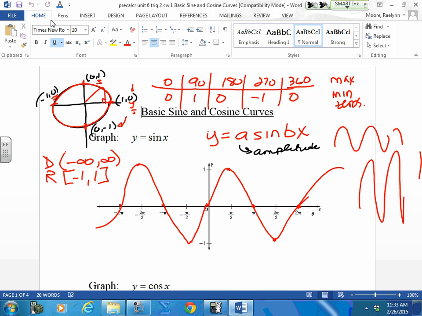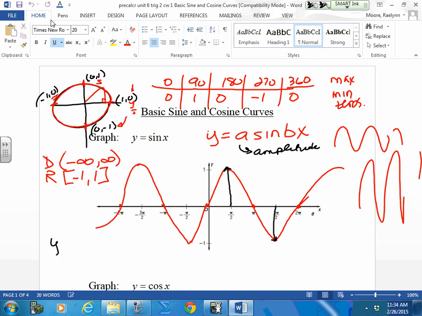Your amplitude measures from the resting position the distance to the top of the curve or the distance to the bottom, the crest of the curve. Like if you see a wave come, the wave starts at sea level, the wave goes up and comes down, like the crest. So an amplitude is a distance. An amplitude always has to be positive. An amplitude cannot be negative because it's a distance.